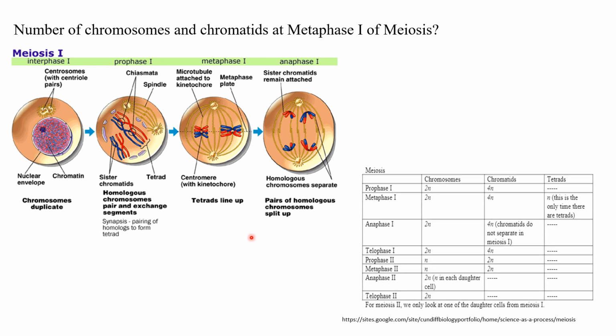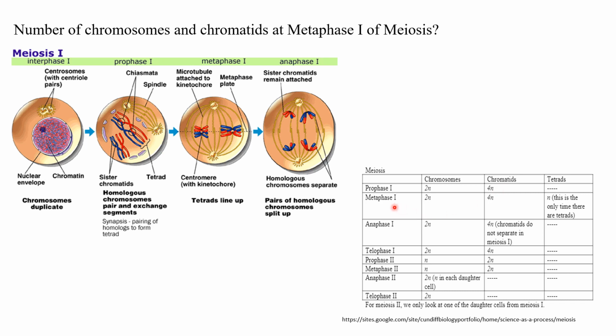Now here is the number of chromosomes. If we assume the initial number of chromosomes to be 2n, at the beginning of prophase 1, the number of chromosomes is 2n and the number of chromatids is 4n, since one chromosome has 2 chromatids.